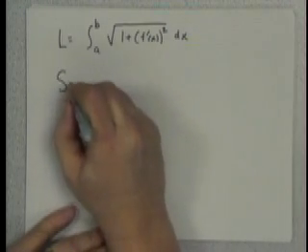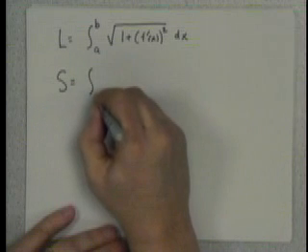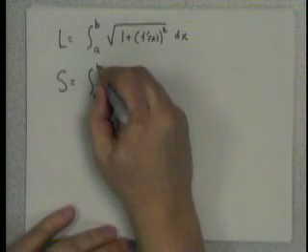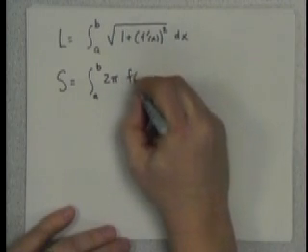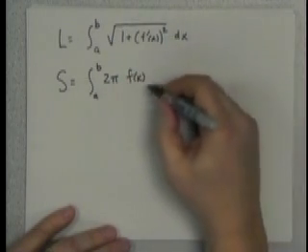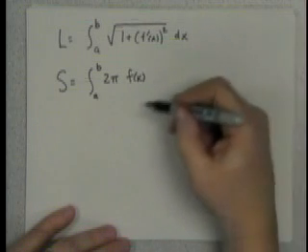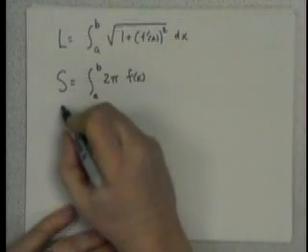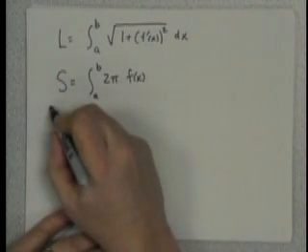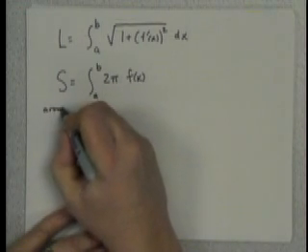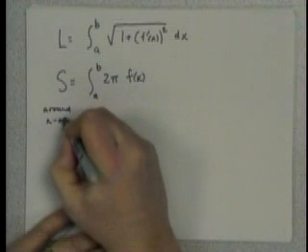For a surface of revolution, very similar integral, but we were multiplying that by 2 pi times the radius, and the radius was f of x if we were going around the x-axis. Surface area of revolution around the x-axis. I should write that down there.